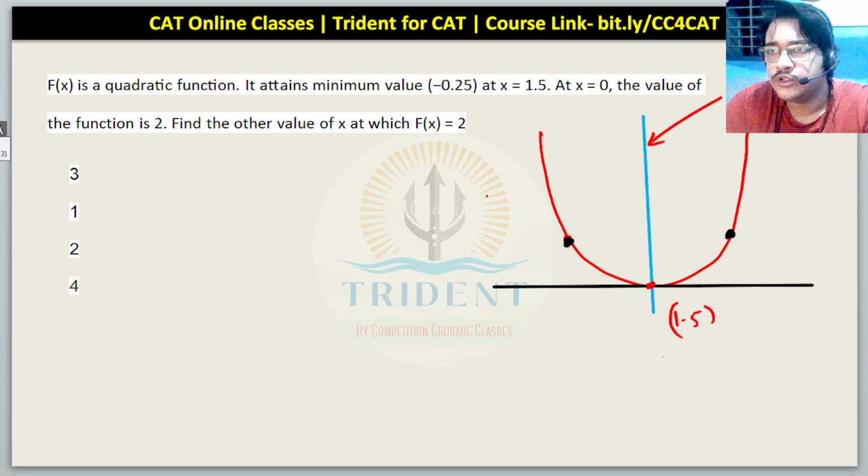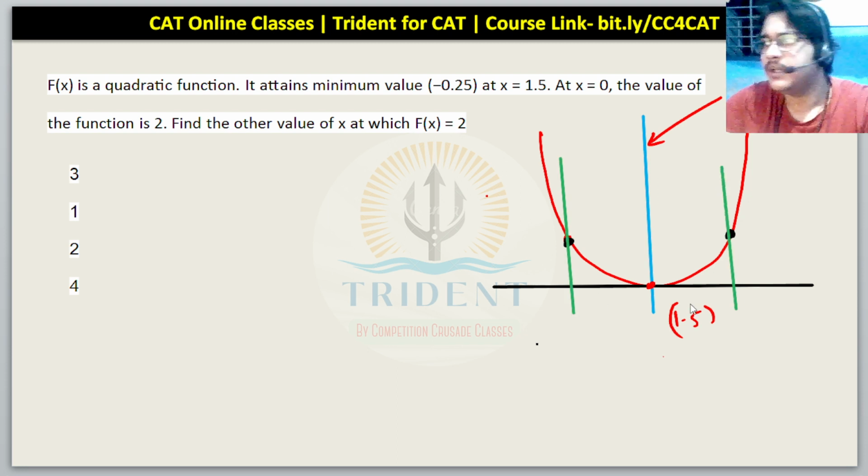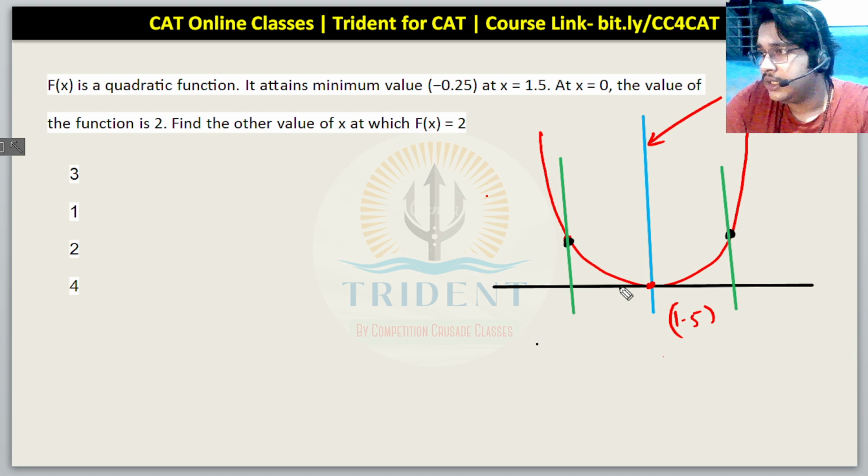In this question, it is given that at x equals 0, the value of the function is 2. Suppose I'm drawing another set of lines, this point and this point. They may not look very equidistant, but we are doing everything freehand, so please appreciate that. At x equals 0, the value of the function is 2.